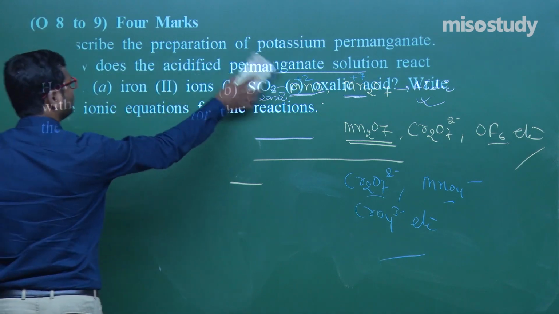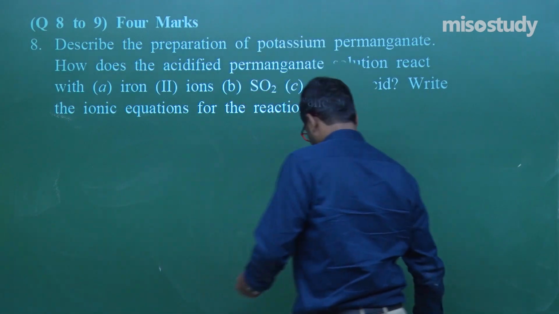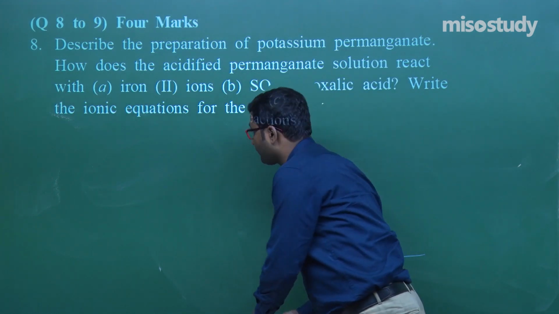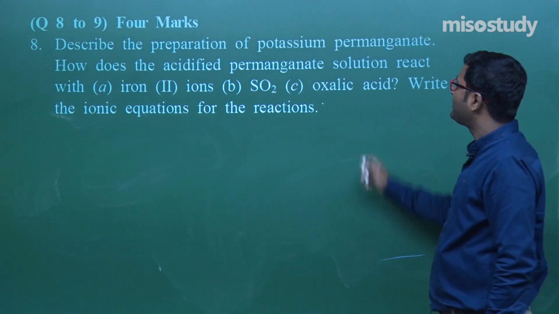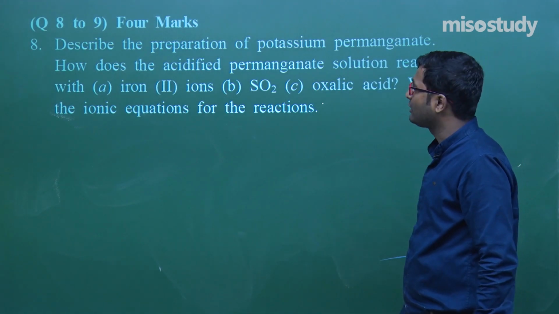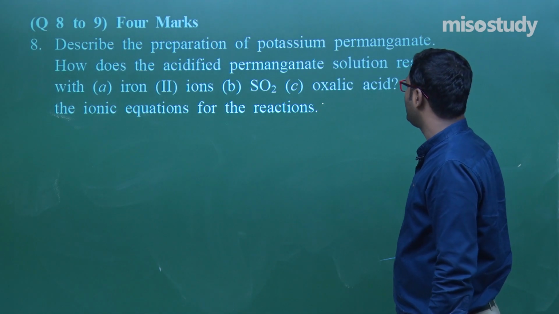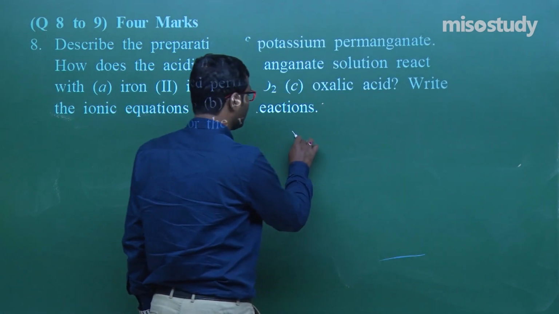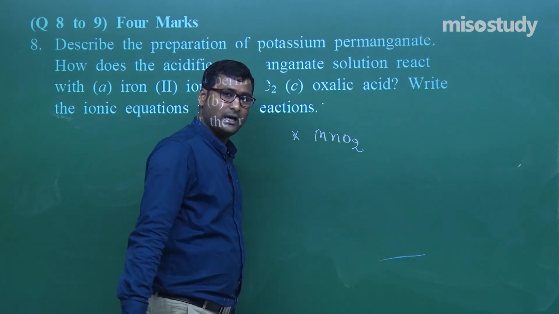Wait for a moment. What is given here? Listen carefully. The question is, describe the preparation of potassium permanganate. I have discussed this in my lecture also. How does the acidified permanganate solution react with iron 2, SO2 and oxalic acid? Preparation, as we know, the starting material is MnO2.